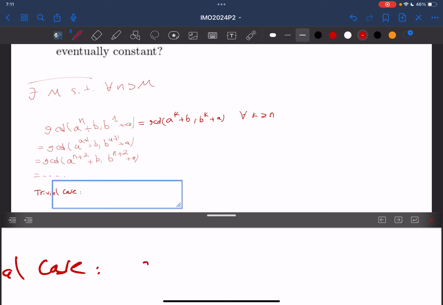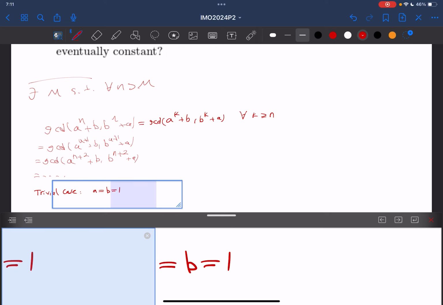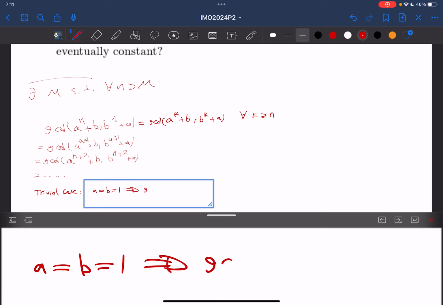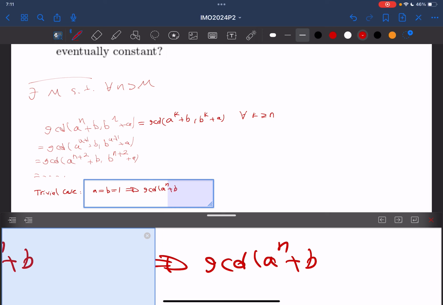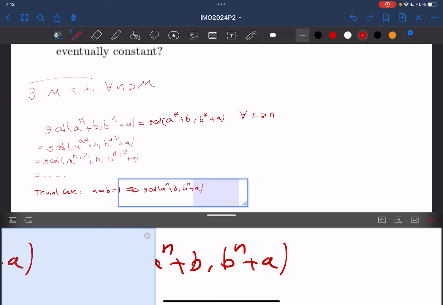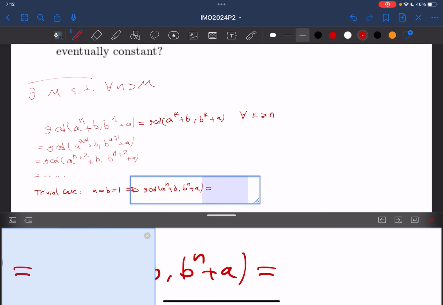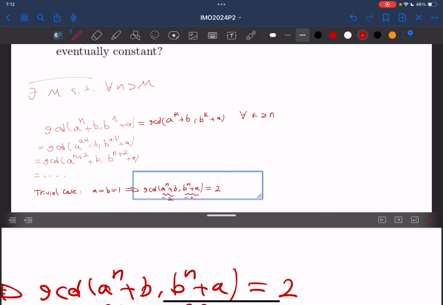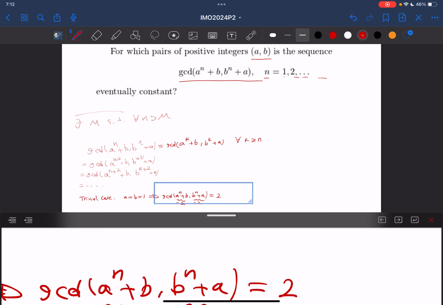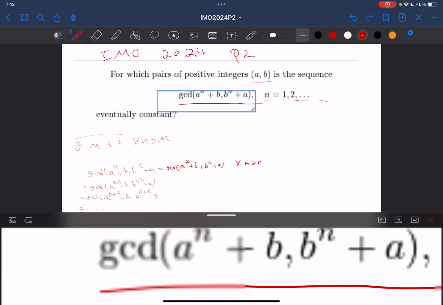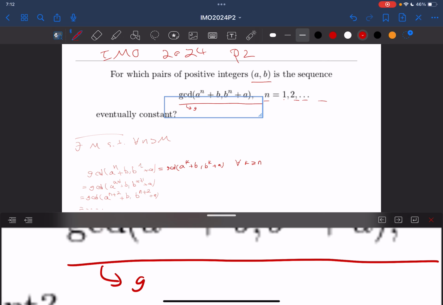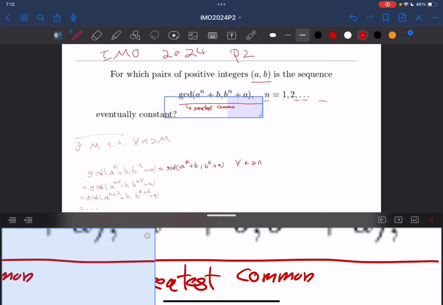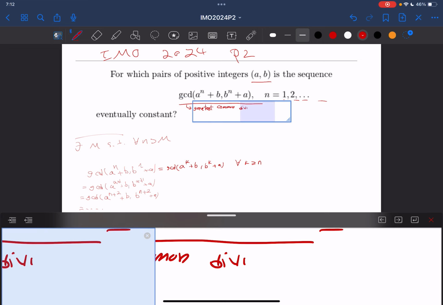When a is equal to b equal to 1, then the GCD of a^n + b and b^n + a is equal to 2, because all these terms are equal to 2 for any n. And if I forgot to mention, GCD here basically means the greatest common divisor.